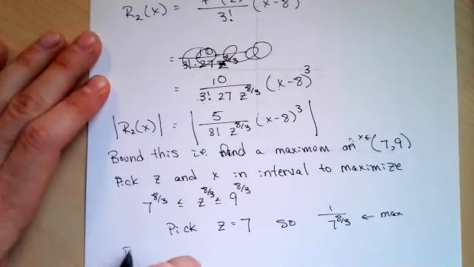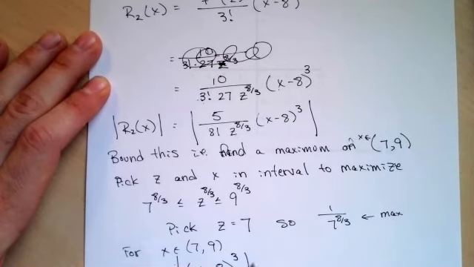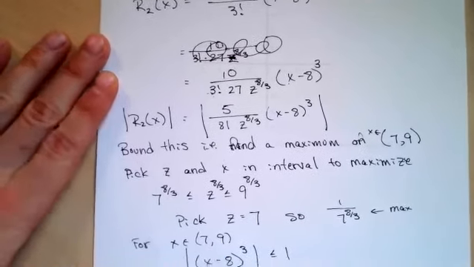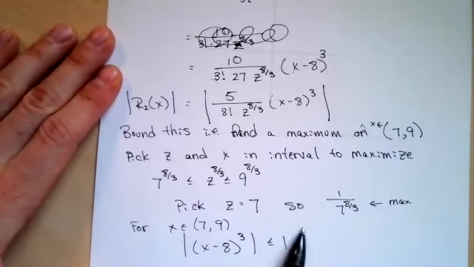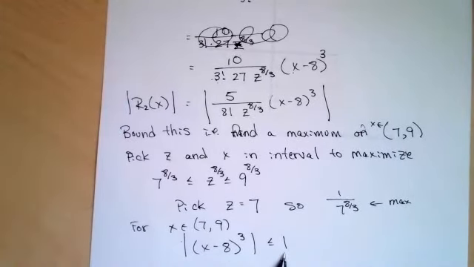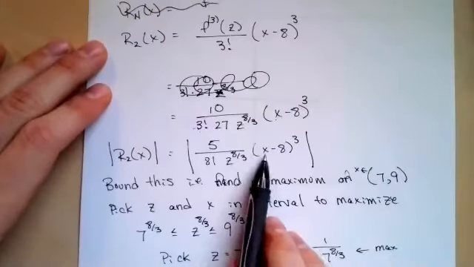Likewise, for x, since x is between 7 and 9, we know that the distance of x minus 8, cubed, in absolute value, the maximum it's going to get is 1. So whether I pick 7 or 9 for that expression, it's always going to be at most 1. So what we're going to do is replace this expression.